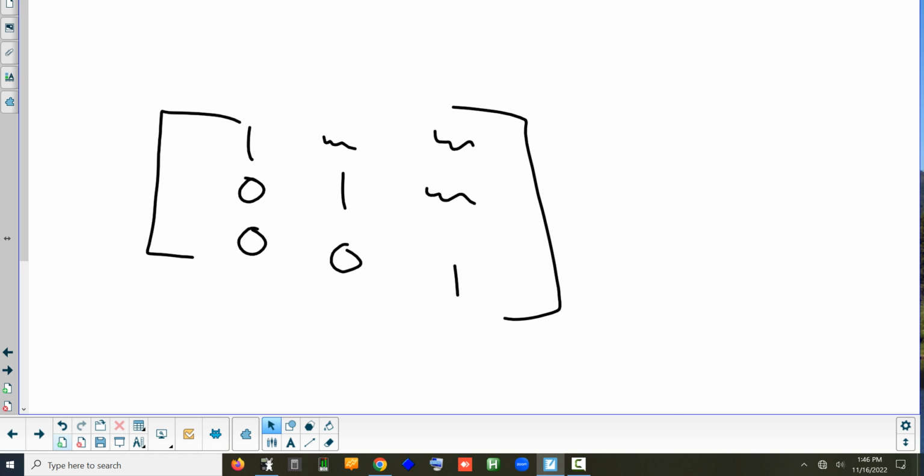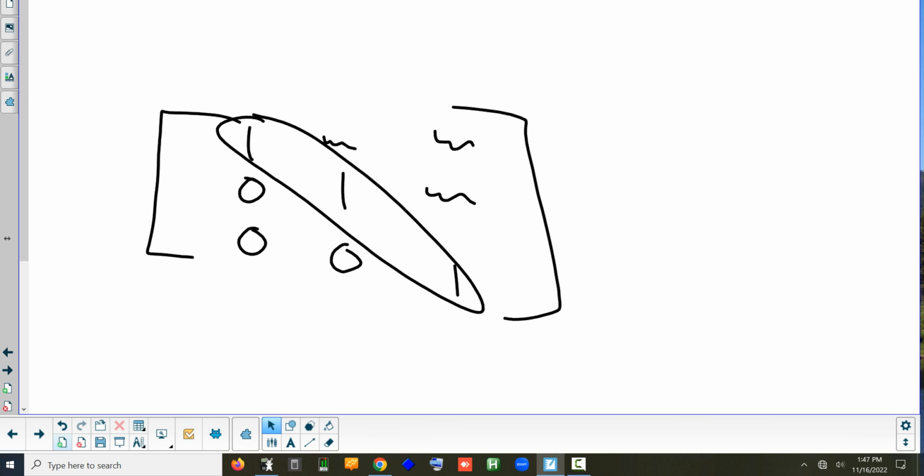So the goal is to end up with a diagonal of 1s and 0s below it. What's above the 1s, I don't care. It can be any numbers you want. But the goal is to get 0s below and get 1s on the diagonal. And I'll show you how we do it.